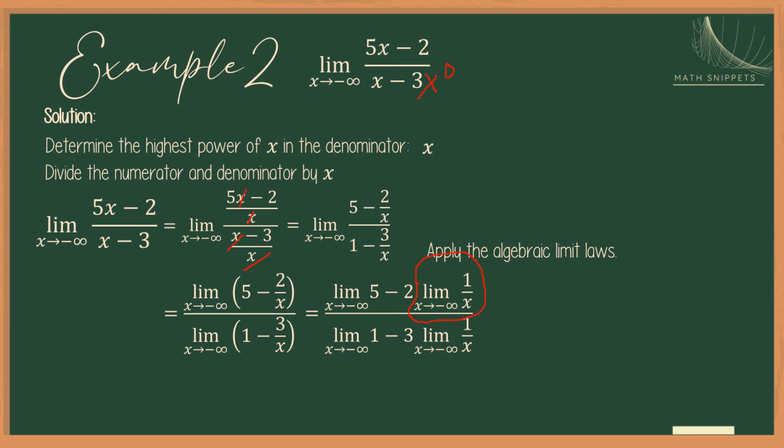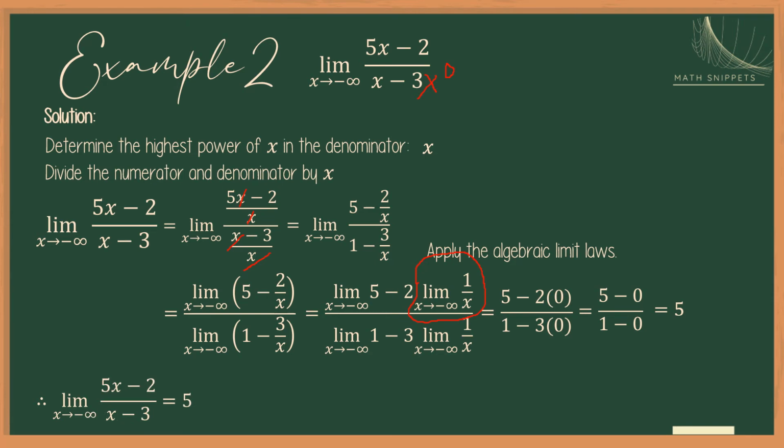The limit of 1 as x approaches negative infinity is 1 since 1 is a constant. So we have 5 minus 2 times 0 over 1 minus 3 times 0, or 5 minus 0 over 1 minus 0, which is just equal to 5. So therefore, the limit of 5x minus 2 over x minus 3 as x approaches negative infinity is equal to 5.